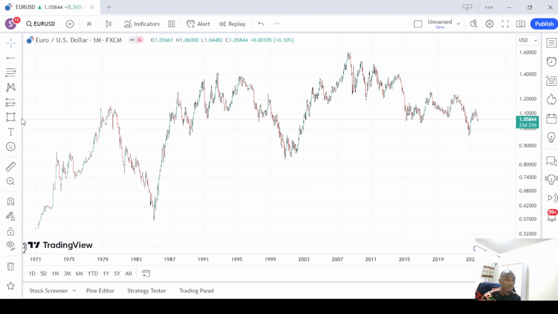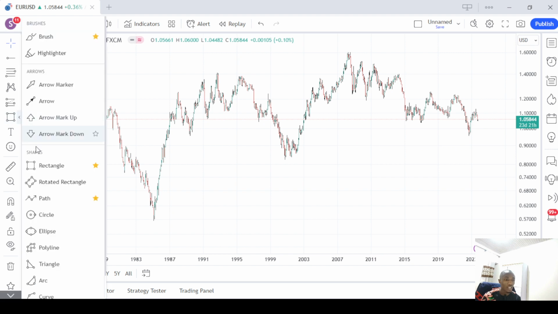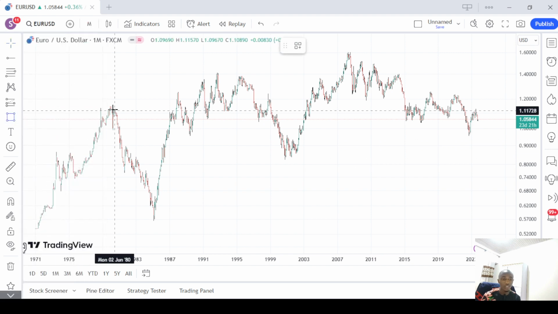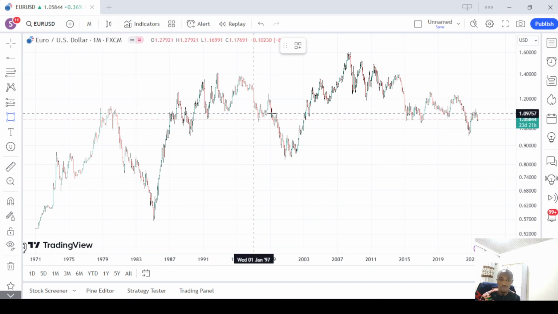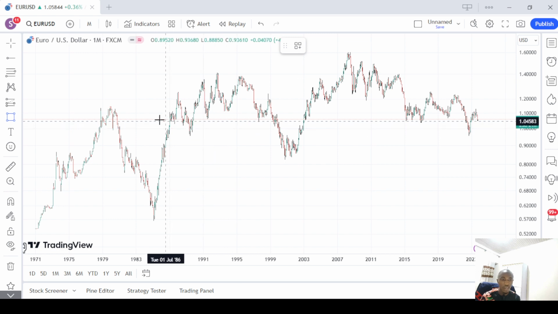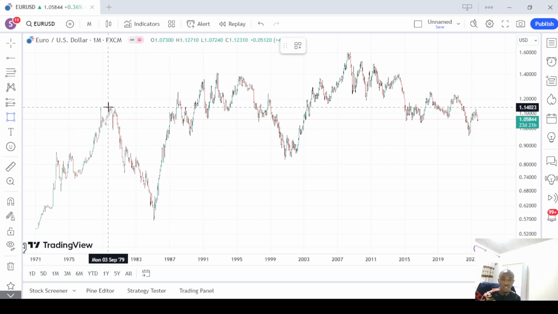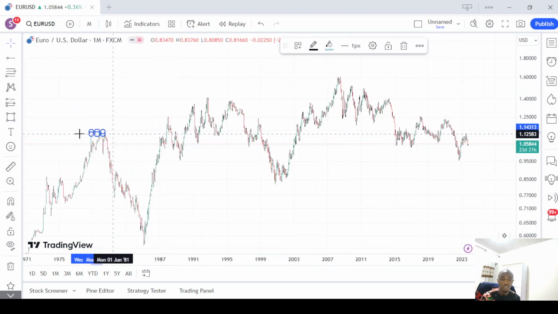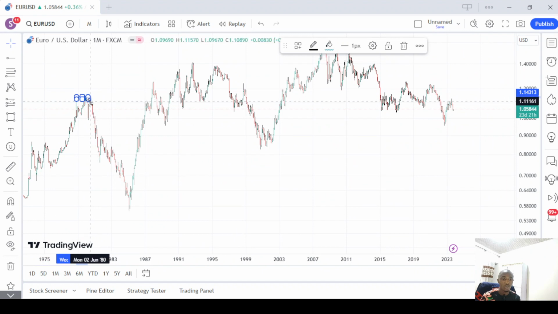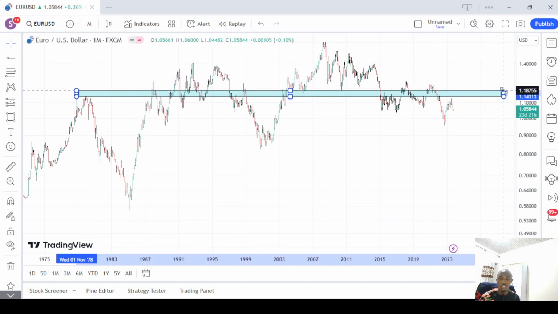So I take my object, I take the rectangular shape, and I look out for where, so around here, I'll be drawing my first zone here.